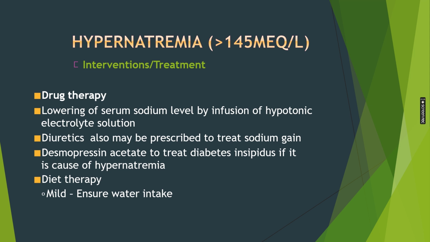Then diuretics may also be prescribed to treat sodium gain, so it can go out from the body. Then desmopressin, to treat diabetes insipidus. As I said, diabetes insipidus is a condition in which the body is not able to retain water, which increases urine output and causes hypernatremia.